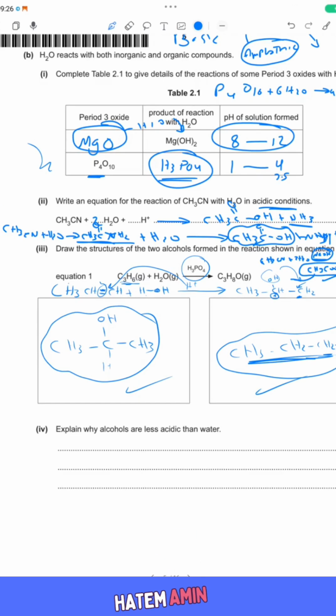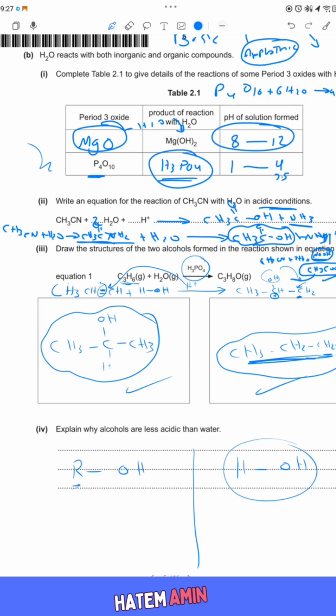The question is, explain why alcohols are less acidic than water. So we have a comparison between alcohol and water. Water is HOH, and alcohol is, for example, ROH. Which one is more acidic? Water is more acidic than alcohol. Why?